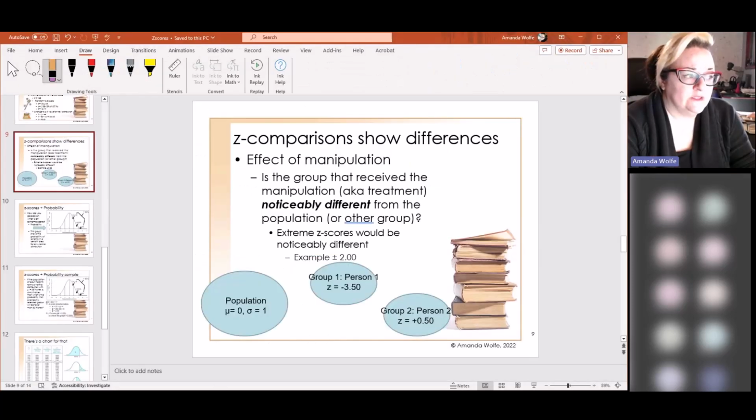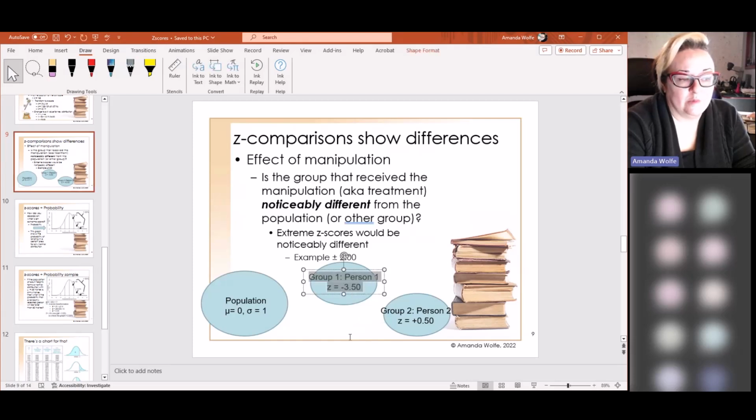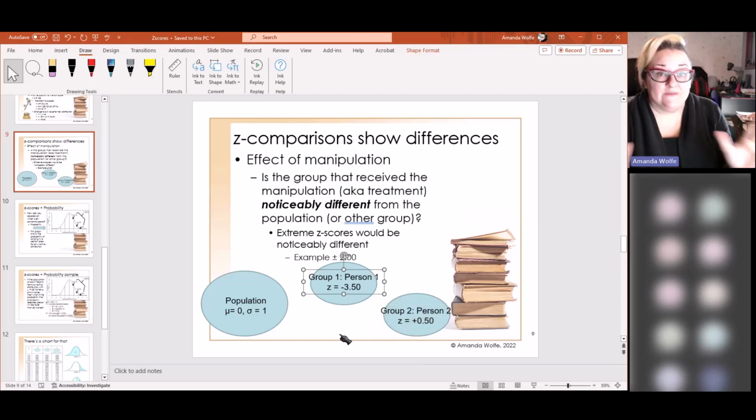What we use this for, we can use it for comparisons, and that also helps us find out if something is noticeably different. So if I tell you, right, like the average person in group 1 has a score of, you know, negative 3.5, and group 2, person number 2 is a 0.5, then I know that person number 1 is way different than everybody else.